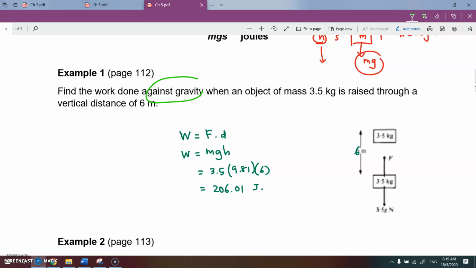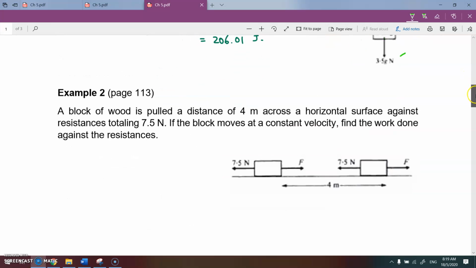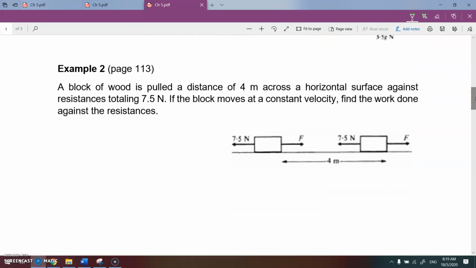Against gravity means the force is opposite to gravity. Against resistance will always be the opposite side of the direction.